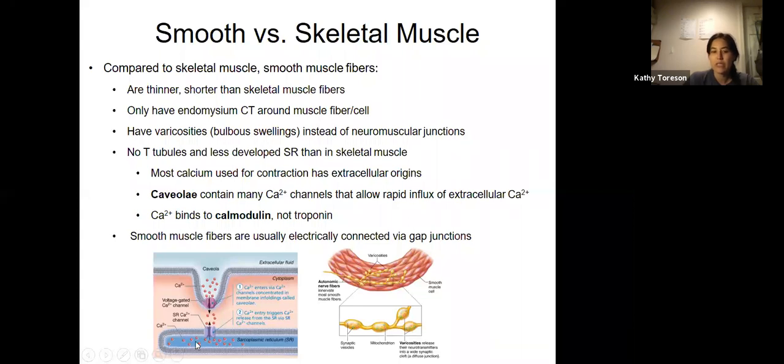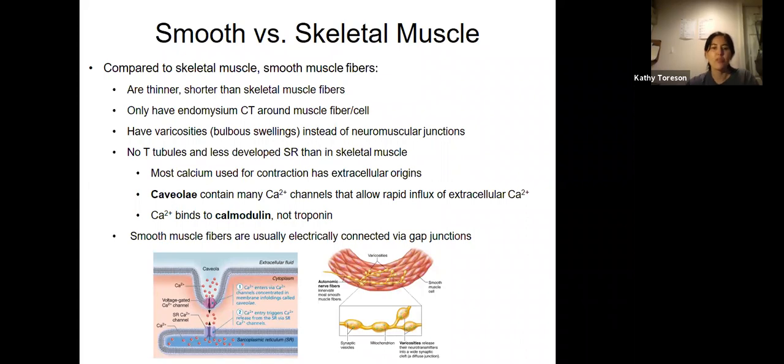So again, we see plenty of calcium here as well. But it's a little bit different because we don't see those triads. We don't have the T-tubules, and the SR isn't as developed as it is in skeletal muscle. So it doesn't have that triad structure that we saw a few slides ago.